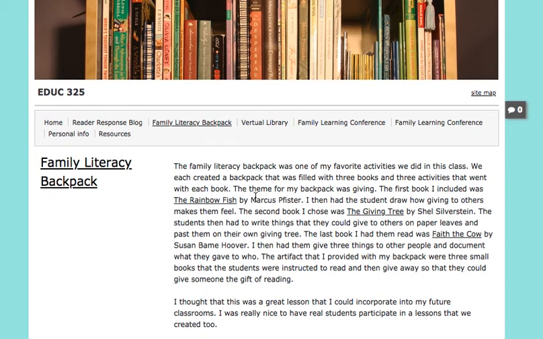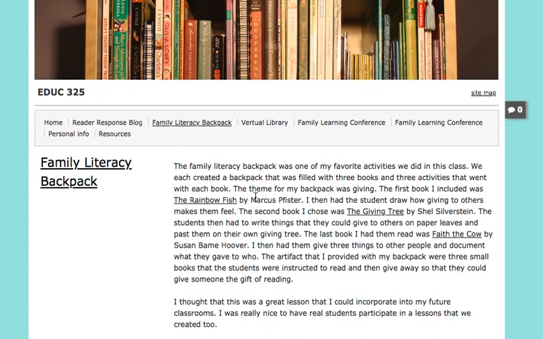The theme for my literacy backpack was giving. I found 3 books. The first was The Rainbow Fish, the second was The Giving Tree, and the other was Faith the Cow. All 3 of these went along with my theme of giving, and there were activities that went along with all 3 of them that the students had to complete.